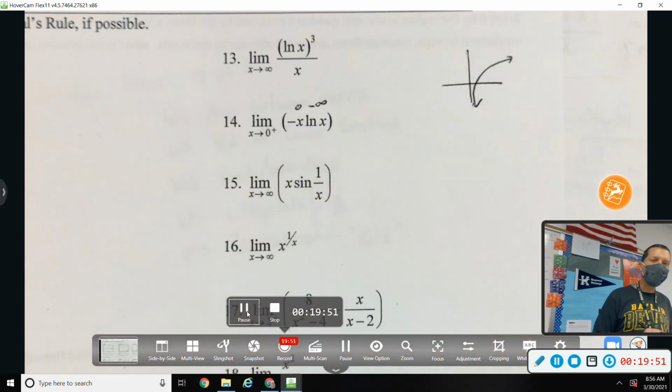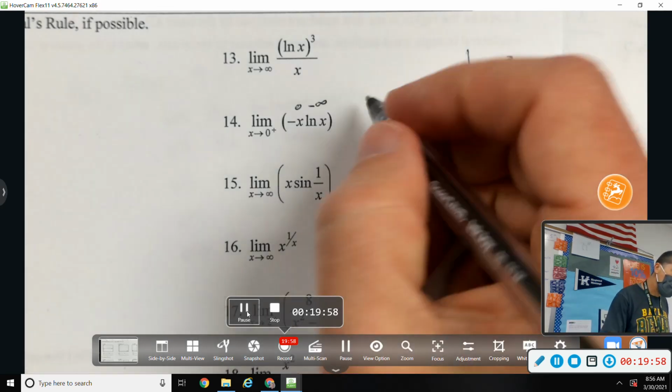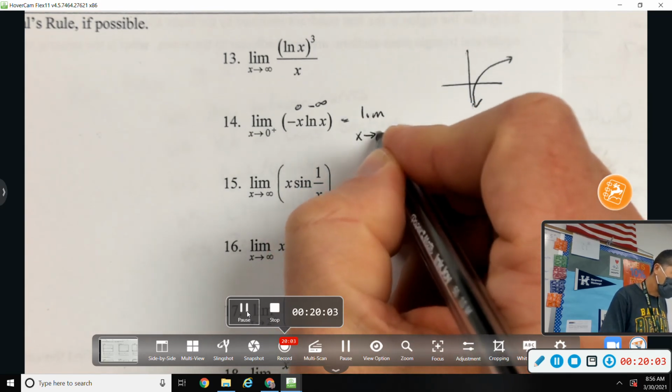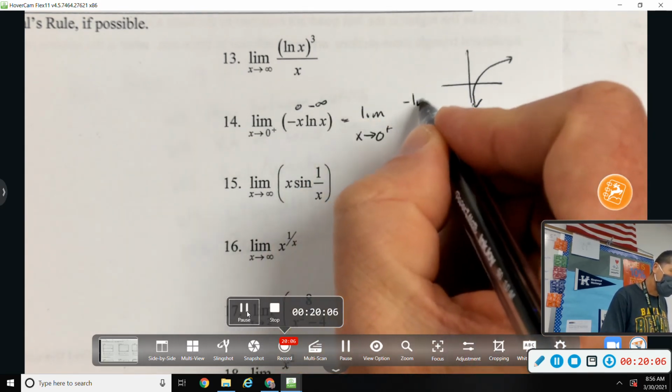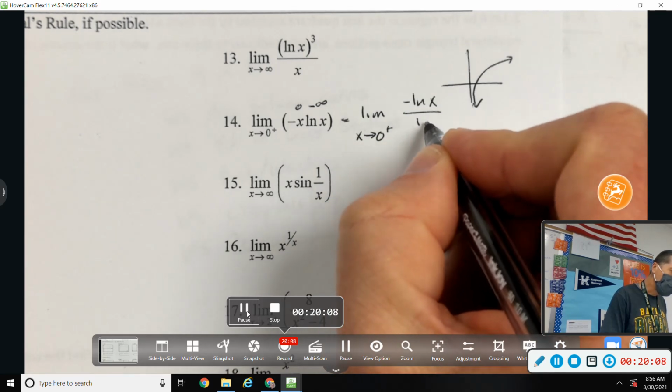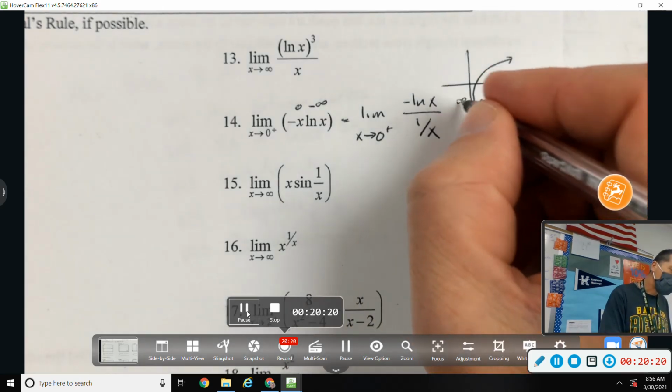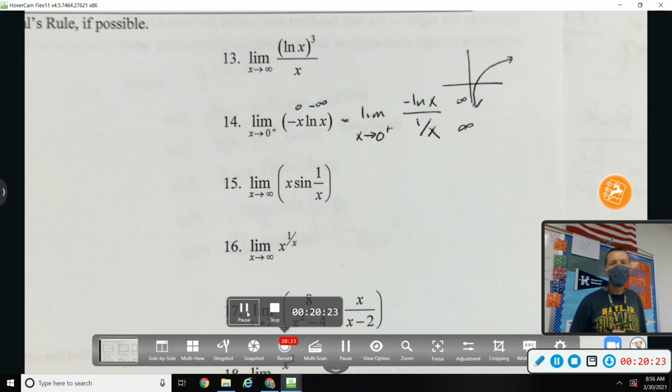That doesn't look like an indeterminate form because it's not 0 over 0 or infinity over infinity. But you can do a trick and rewrite it as negative natural log of x over 1 over x. That's the same thing algebraically, we just wrote it differently. But now it's infinity over infinity, and so now it's eligible for L'Hopital's rule.